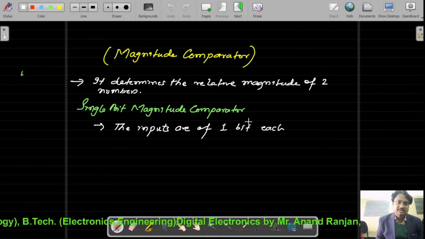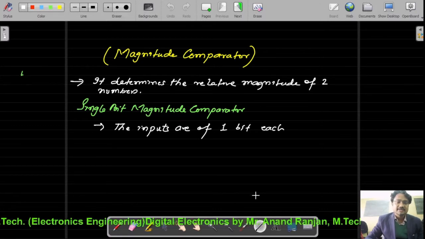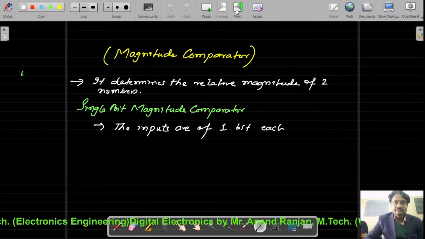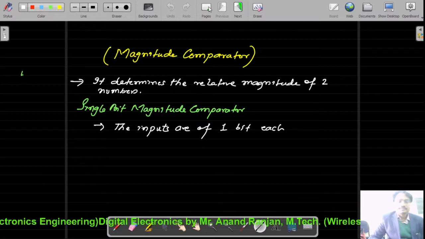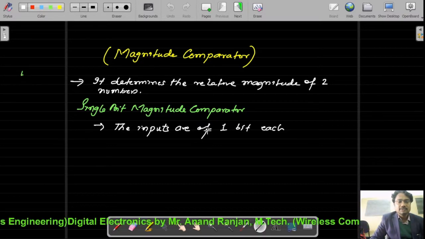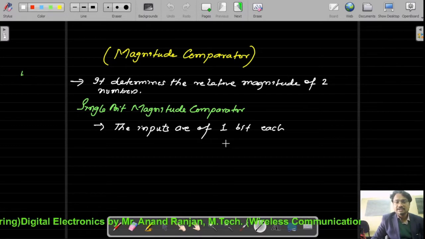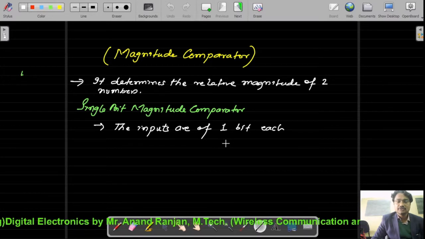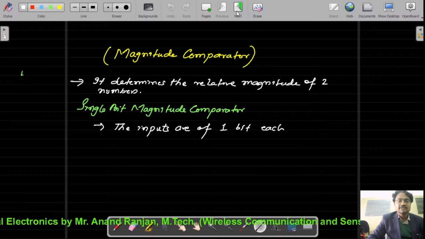First, we will discuss the single bit magnitude comparator, and then we will discuss the multi-bit magnitude comparator. In a single bit magnitude comparator, the inputs are of 1 bit each, meaning we provide two inputs and our circuit will compare these two inputs.